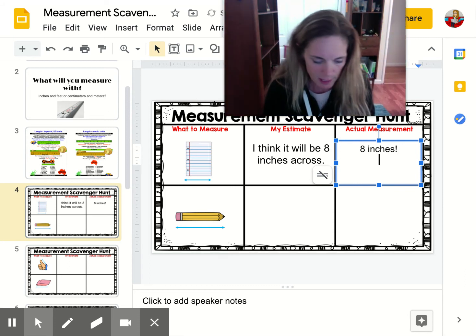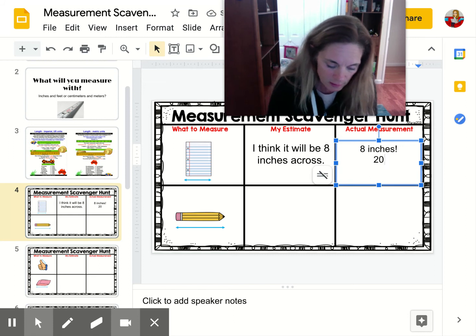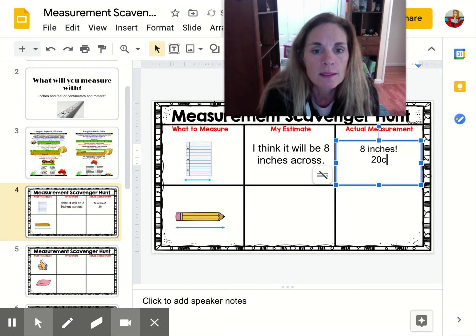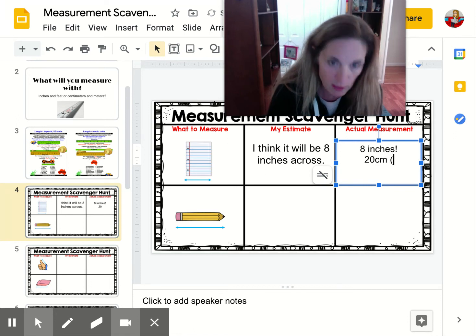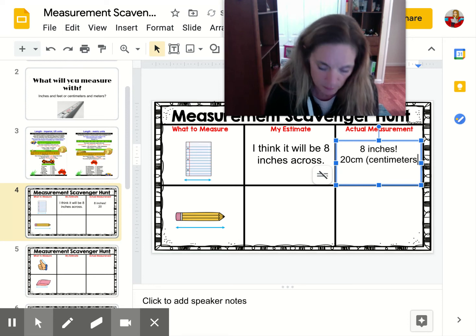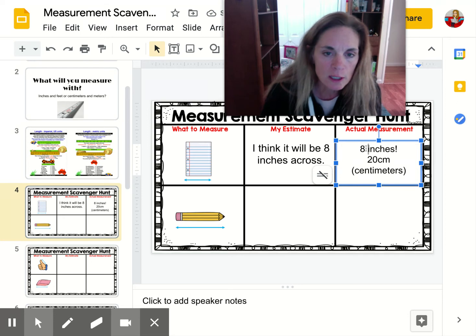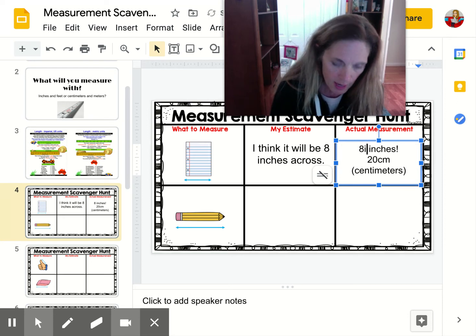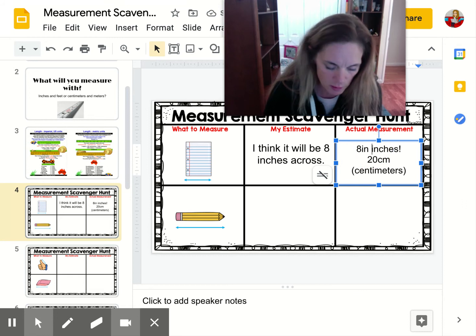So I'm going to write that too. 20, and you can abbreviate centimeters cm. I'll just write here for you, centimeters. Just like that. The abbreviation for inches is IN.